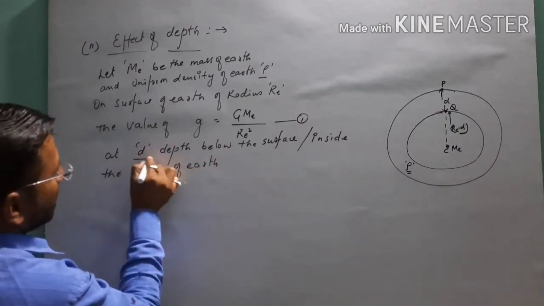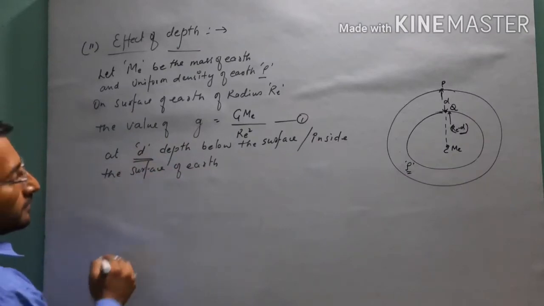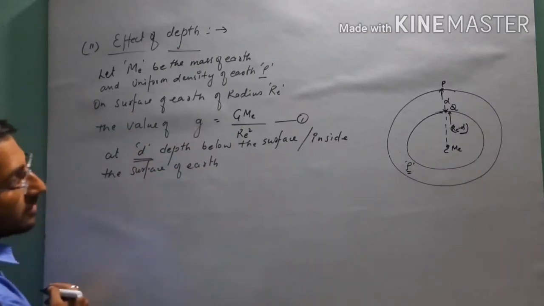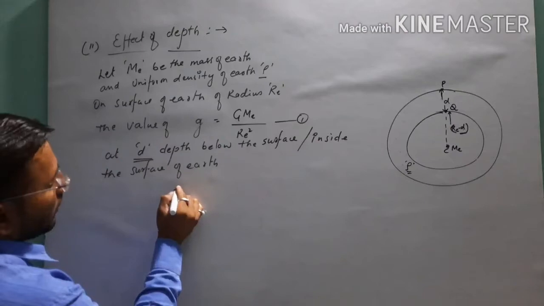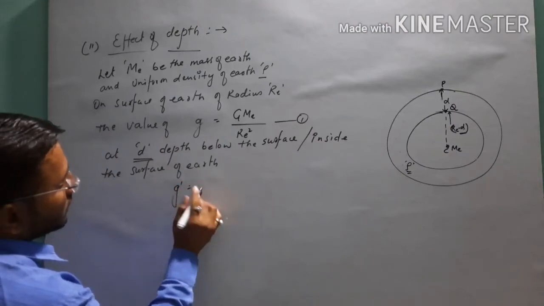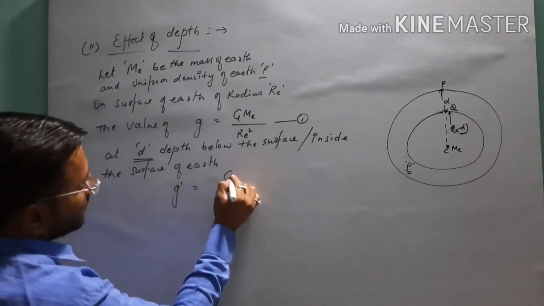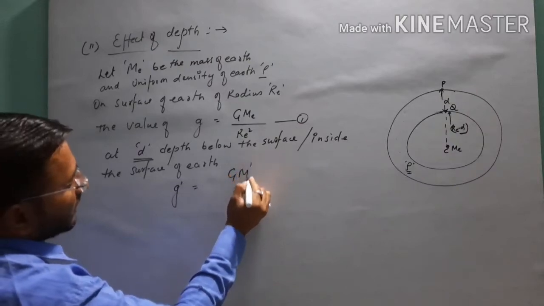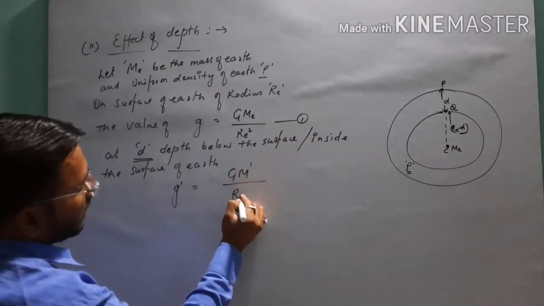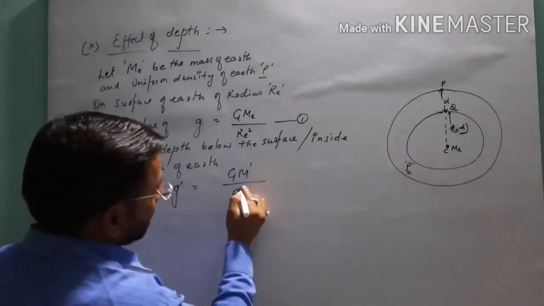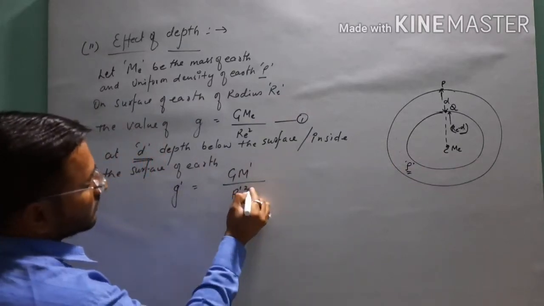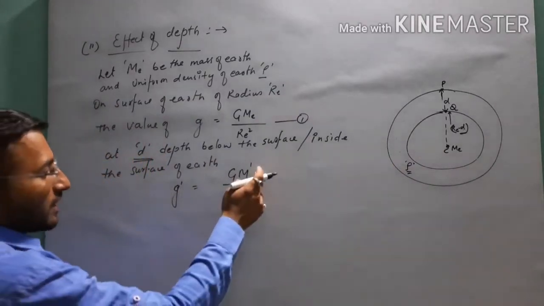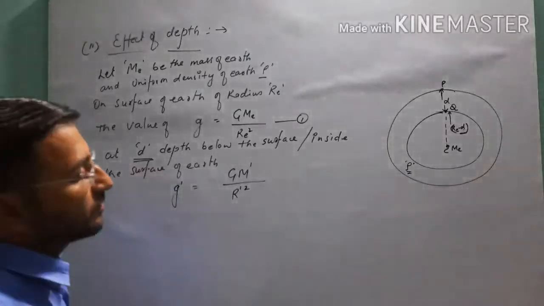If we talk about d depth below the surface of earth, listen carefully, we have the value of g, supposed to be g dash, equal to G M dash over R; in place of R I will write R dash square. Now what will be the value of M dash, and what will be the value of R dash?